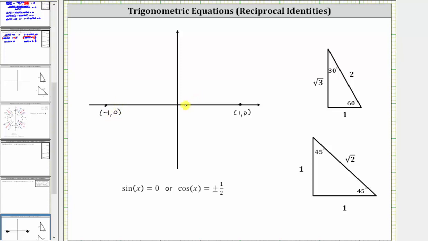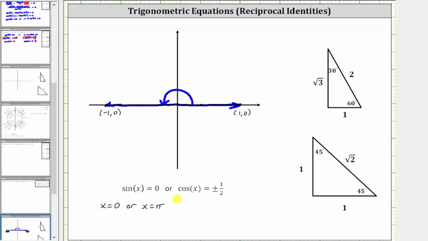And therefore, one angle would be this angle here of 0 radians, and the second angle would be this angle here that measures 180 degrees, or pi radians. So two solutions are x equals 0 radians or x equals pi radians. Notice how we are using 0 radians, not 2 pi radians, because in the given interval, 0 is included and 2 pi is not included.